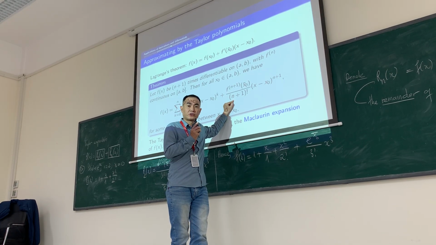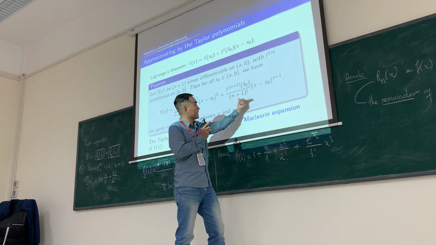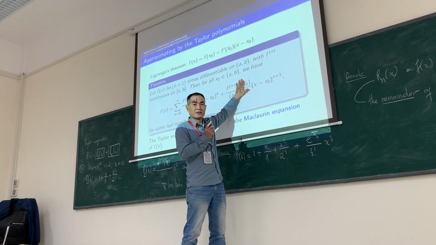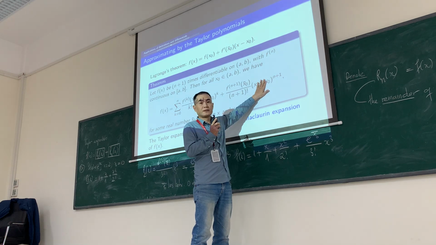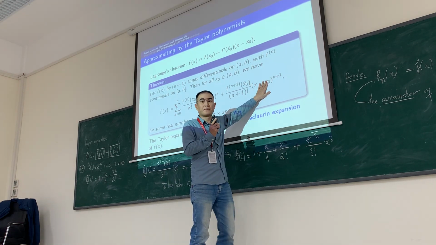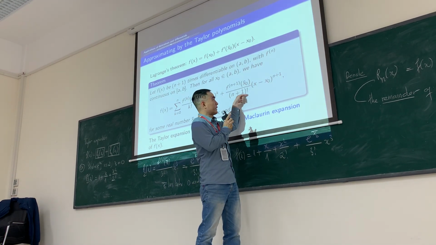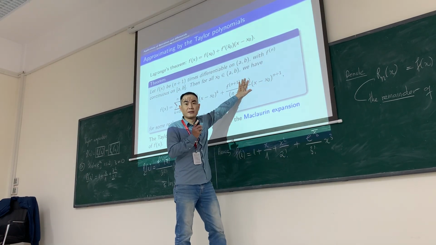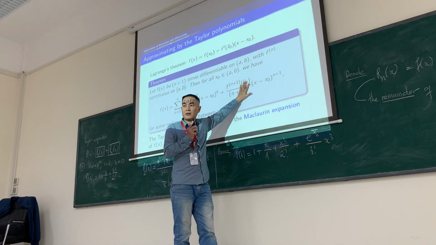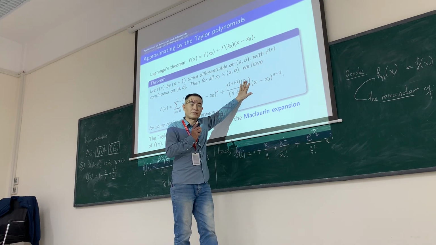Can you see? It's bounded. This is times x minus x0 to the power n plus 1. When x tends to x0, it tends to 0. So the remainder here is infinitesimal when x tends to x0. Okay?